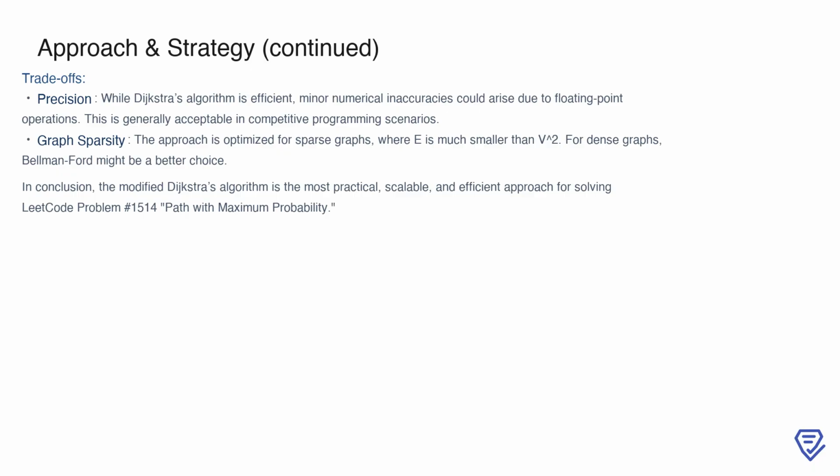For dense graphs, where edges are abundant, the Bellman-Ford algorithm might be a better fit despite its higher theoretical complexity. In conclusion, the modified Dijkstra's algorithm stands out as the most practical and scalable solution for solving the path with maximum probability problem. Its ability to efficiently prioritize paths and handle sparse graphs makes it the ideal choice for this scenario.